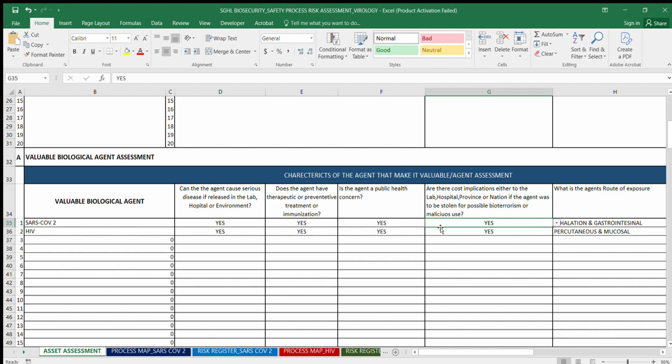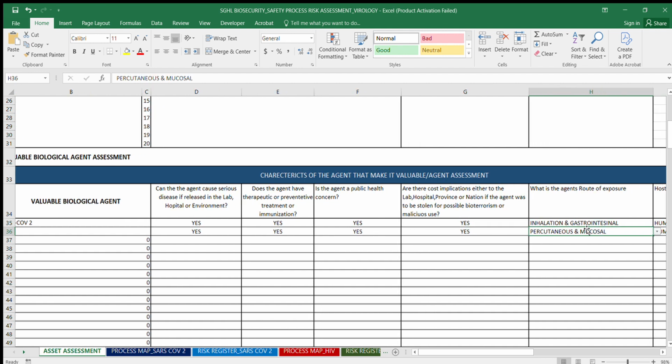Will there be financial costs to the province, to the institution itself, to the country itself? If there are financial costs, it means that the impact after exposure will be greater as compared to an agent with no financial cost. And therefore, this one becomes more valuable, the one which has more financial implications or costs.